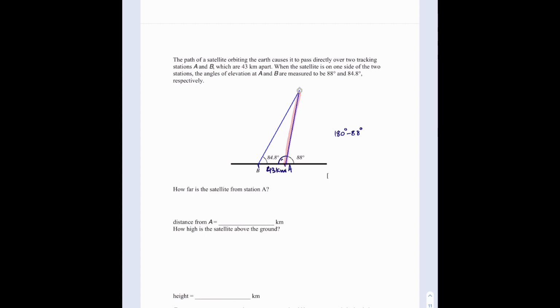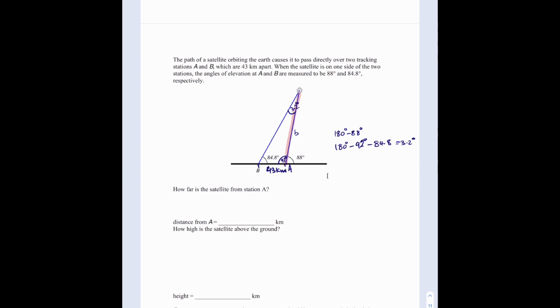And that makes this angle right here equal to 180 degrees minus 92 degrees minus 84.8, which is 3.2 degrees. Now I have all of the angles. I can use basically the law of sine in order to figure out the distance.